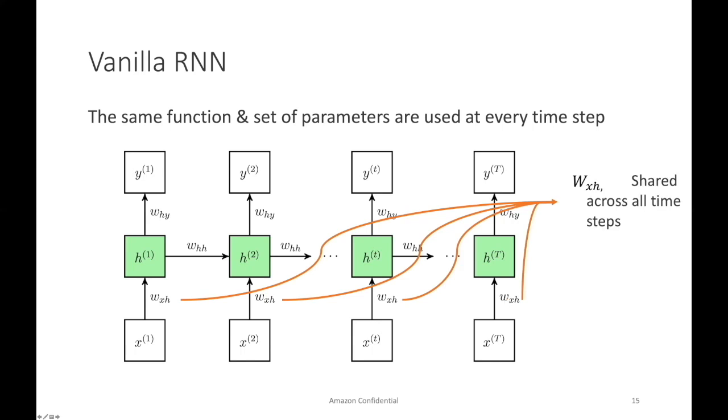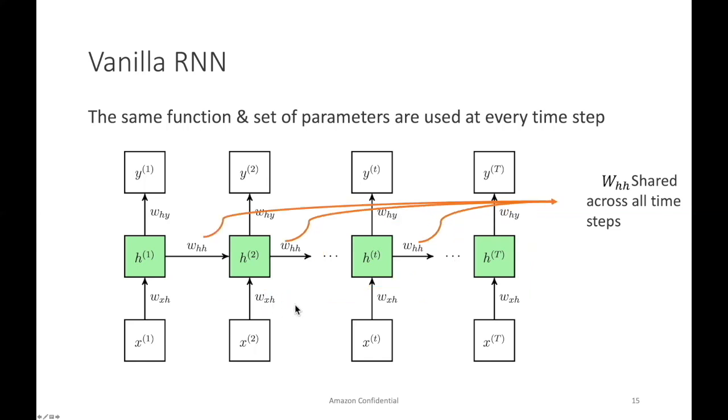They're shared across time. Basically, the weight matrix remains the same, and at each time step, the input is multiplied by the same weight matrix. Similarly, for the hidden also, it's the same, and even for the output also, it's the same. The weight matrices are all shared across time, while the input keeps varying throughout the time steps. The hidden state also keeps varying.